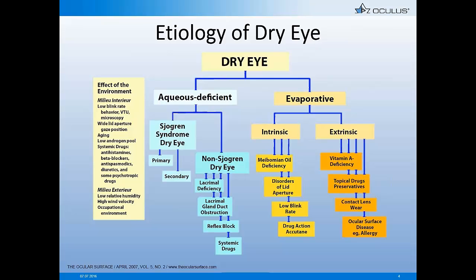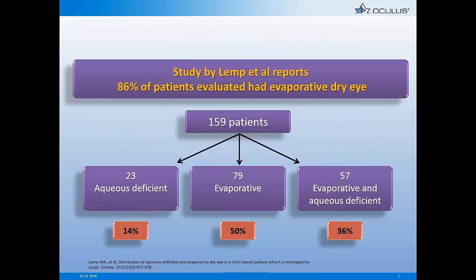Here's a dichotomy of dry eye, also given to us by the Dry Eye Workshop in 2007, and they said that dry eye can be aqueous deficient or evaporative. Dr. Michael Lemp gave us a study published in Cornea in 2012 that showed that really only about 14% of dry eye patients are purely aqueous deficient, and that actually about 50% of those patients were purely evaporative dry eye.